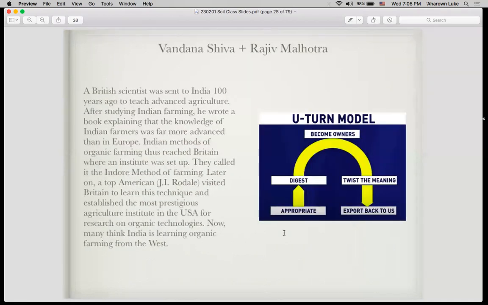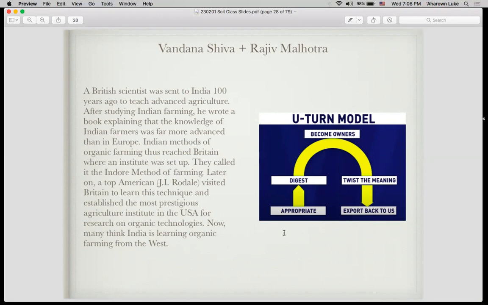So basically, Vandana Shiva and Rajiv, I don't know how to say that, had that. There was a kind of interview between the two of them on YouTube, and it's interesting just how the West, 100 years ago, was going to teach them how to do mass production, and he actually saw that the Indian farming was more advanced than Europe.